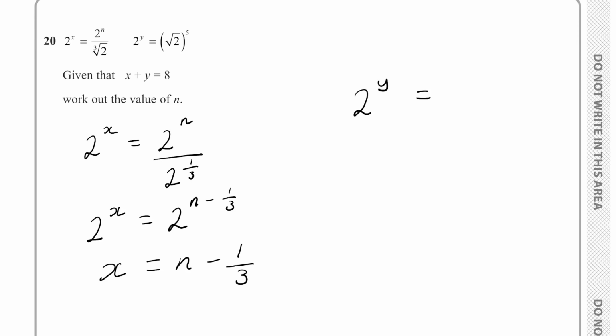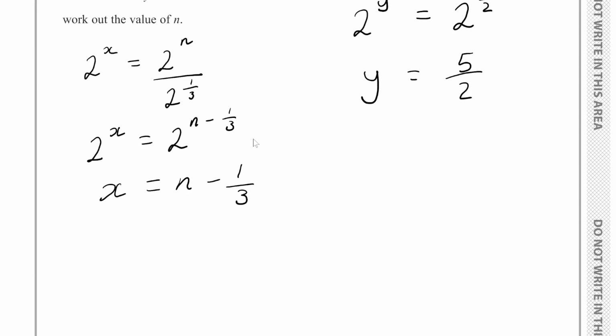A square root is a power of 1/2, so that is 2 to the power of half to the power of 5, 5/2. So y is 5/2. x plus y is equal to 8.